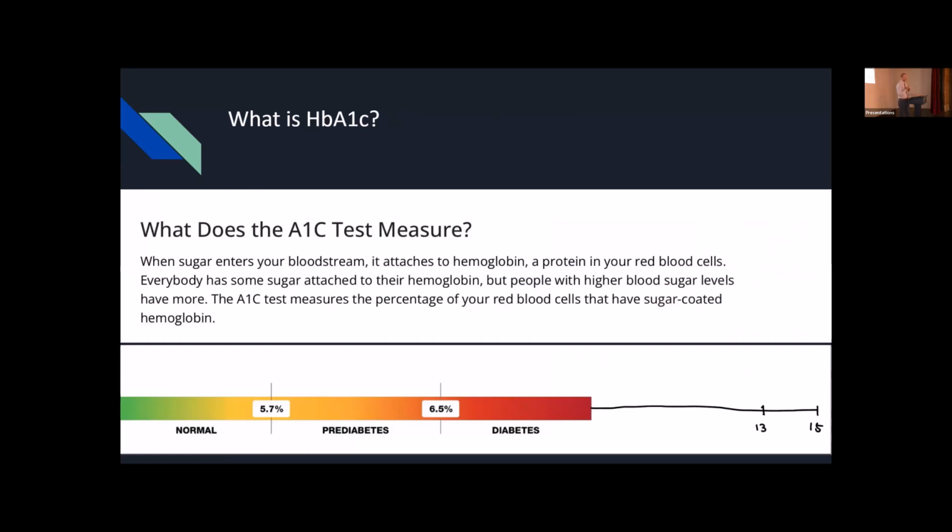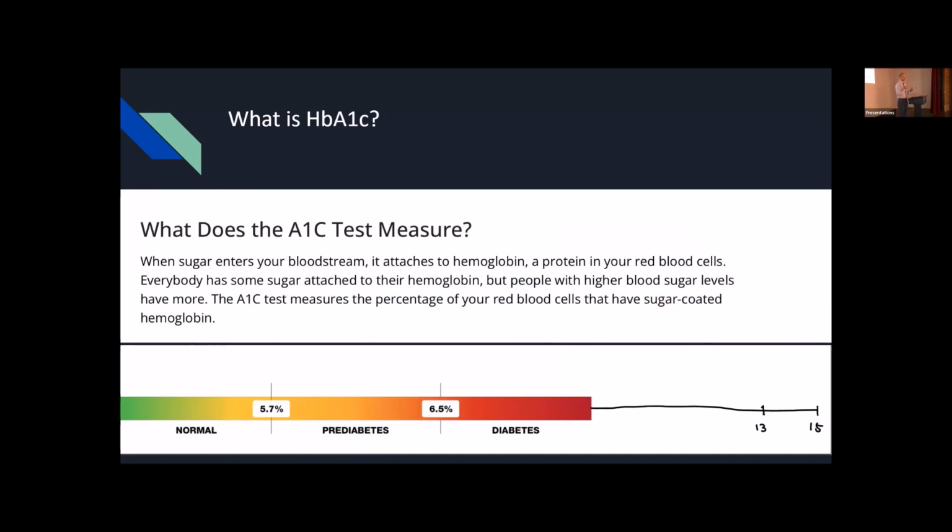Now I'm going to talk about HbA1c and what it does for us. We all have blood in our bodies, and we all have sugar in our bloodstream, and we have a protein in our red blood cells called hemoglobin, and the sugar binds to hemoglobin. We use an A1C test to measure the percentage of sugar bound to our red blood cells.